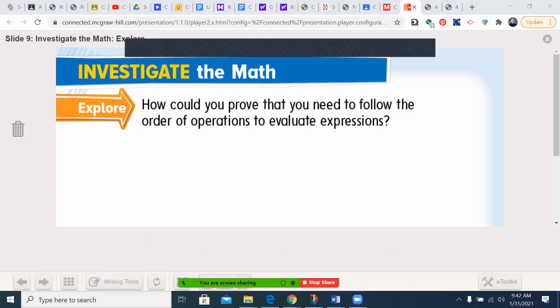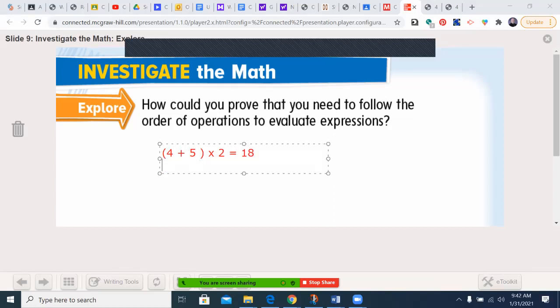Well, I could write a problem like this. If I did it correctly, I'd have 4 plus 5 times 2. 4 plus 5 in parentheses times 2 is 18.